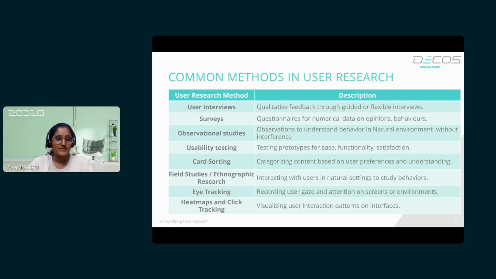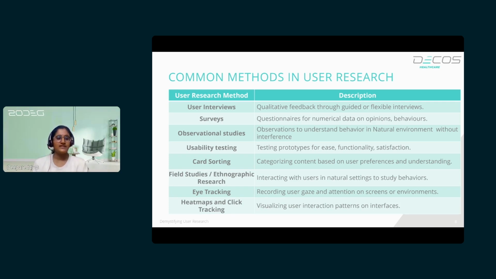Moving on to the next method, which is usability testing. Here users interact with prototypes or interfaces under controlled conditions to evaluate ease of use, functionality, and moreover user satisfaction. It is used for identifying usability issues, validating design decisions, and also improving the user experience.